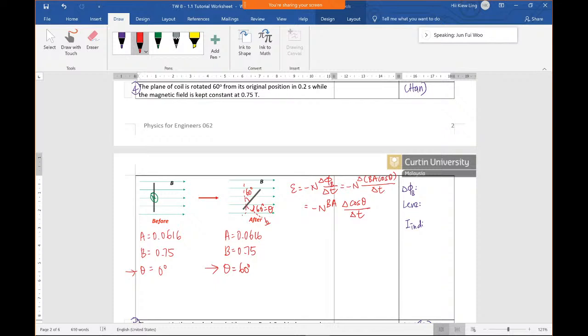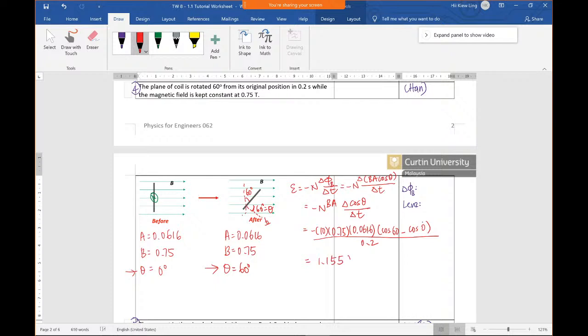Change in cos theta over change in time. Negative 10, 0.75, area 0.0616, times cos 60 minus cos 0, divided by 0.2.